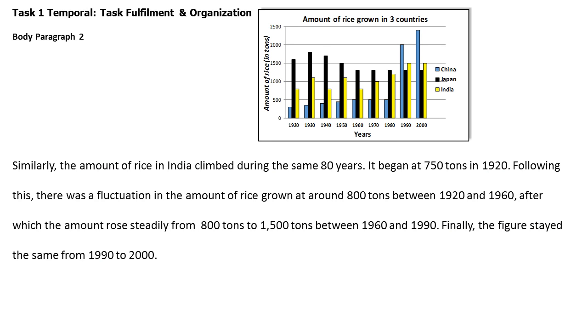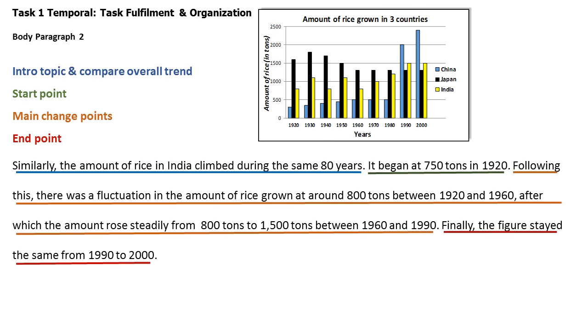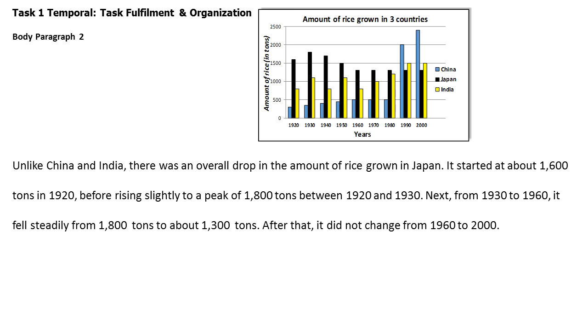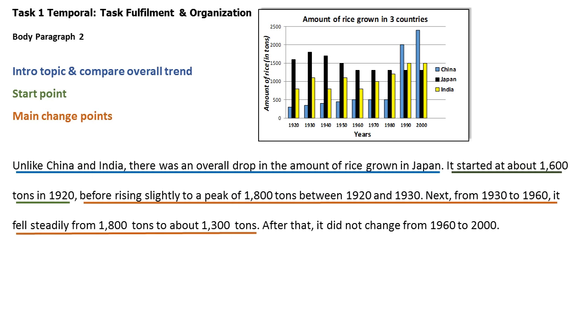For body paragraph 2, it's the same, except that now the first sentence compares the overall trend. Then we have the start, the changes, and again the end. Body paragraph 3 compares the overall trend, and we have start, changes, and end.